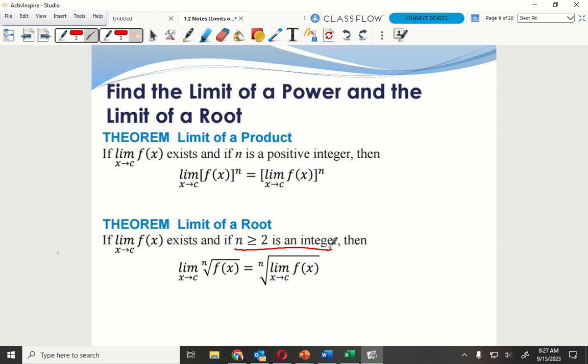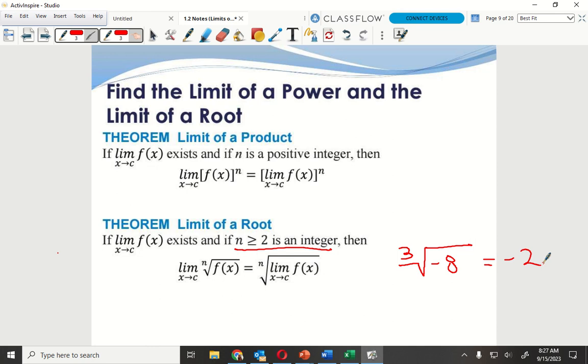Wait, what about the odd one? Can I have a negative in an odd root? Yes, because in an odd root, I need 3 of a kind to actually make a whole. So this would give me -2.